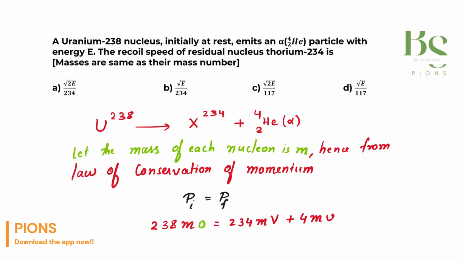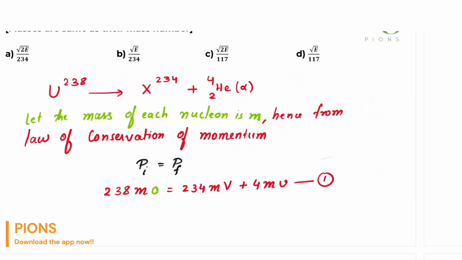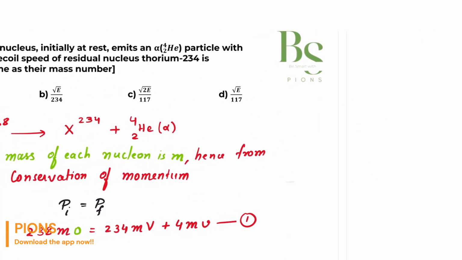That's the velocity of our alpha particle, correct? So let's assume this is our equation 1. Now let's move to the other side and see the remaining part of the solution.